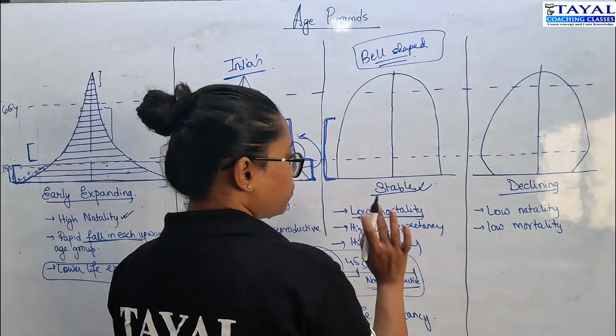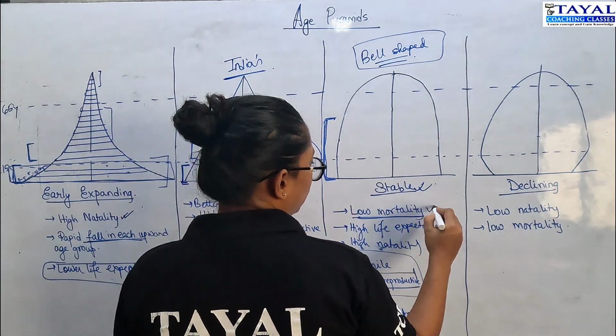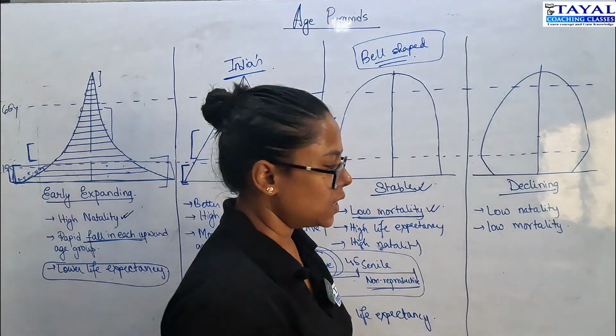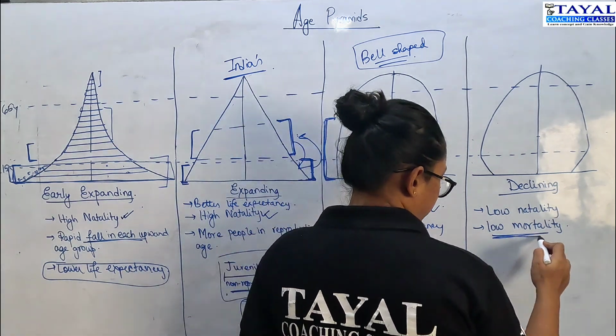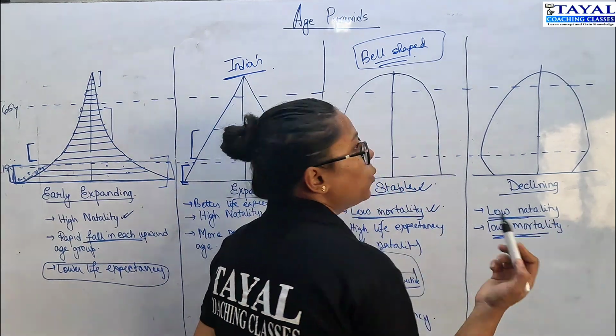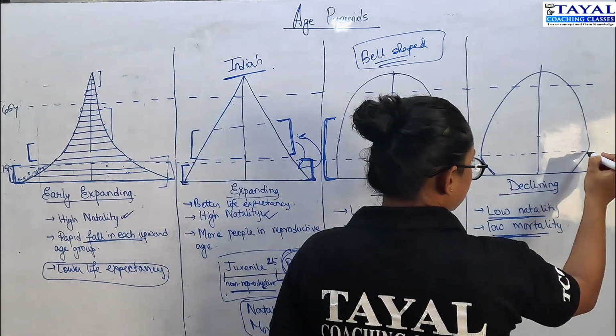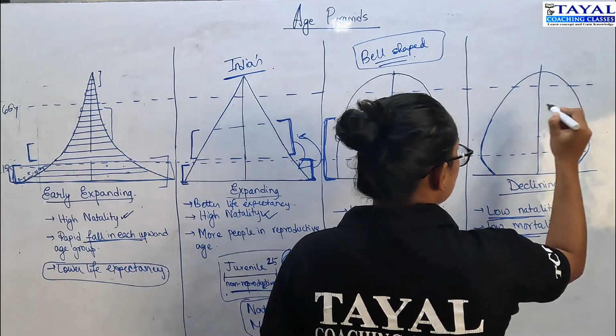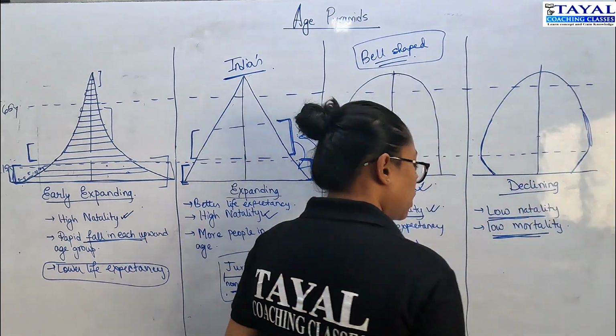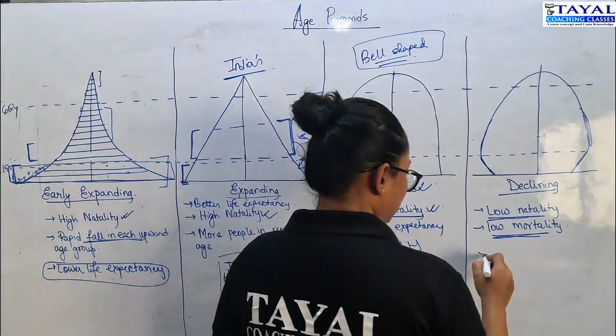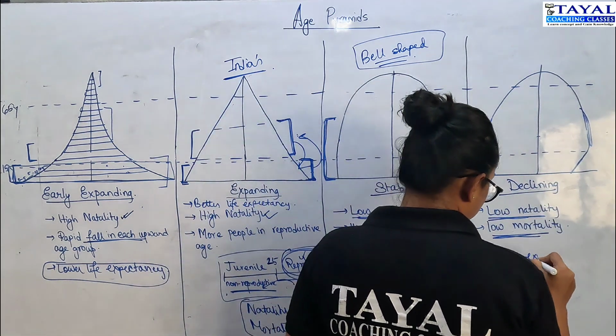However, there is a problem with low mortality also. If low mortality is associated with low natality, when can it happen? It can happen when this population has not enough reproductive people, or it has a low life expectancy.